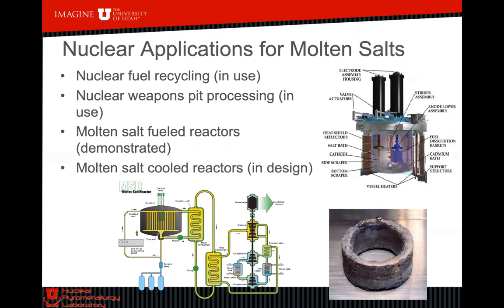If we can do a chemical process where we separate that useful uranium or some plutonium as well, and refabricate that back into fuel, and then take what's left and put it into a waste form, that can make a lot of sense. I get a lot more energy out of my resource. So that's nuclear fuel recycling, or we sometimes call it reprocessing.